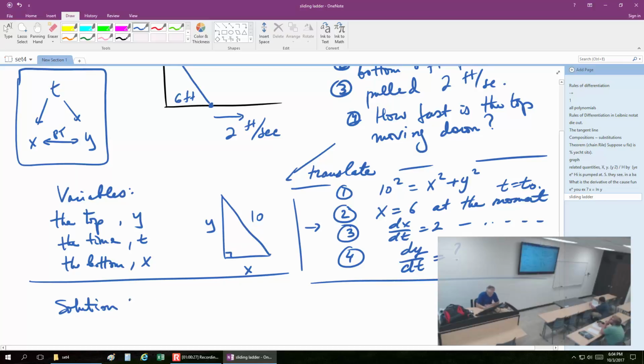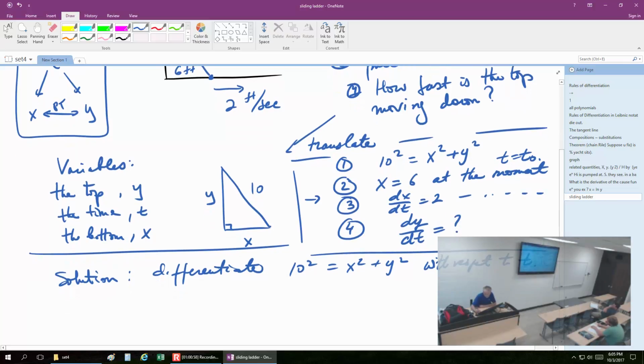Okay, so differentiate 10 squared equals x squared plus y squared with respect to what? Well, t, because there's really nothing else.